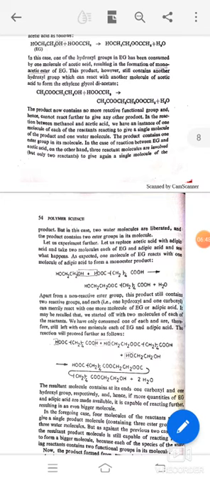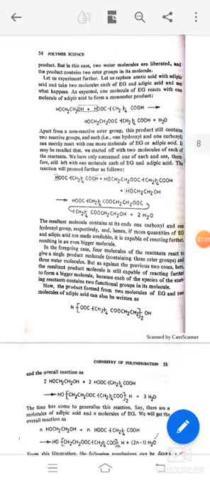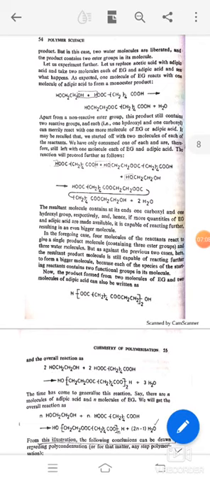This is the reaction. This is the adipic acid and this is the above compound prepared from adipic acid and ethylene glycol, and after reacting with ethylene glycol, two water molecules are eliminated and form the next hydroxy ester. The resultant molecule contains at its ends one carboxyl and one hydroxy group respectively, and hence can react further if more quantities of ethylene glycol and adipic acid are made available.